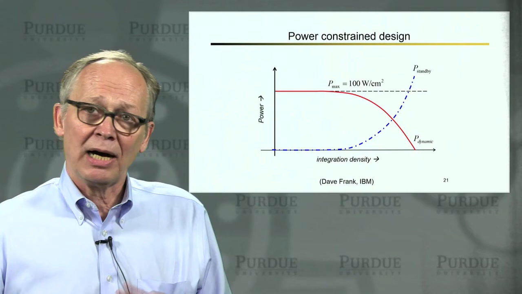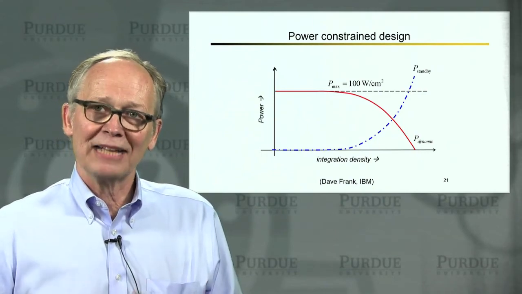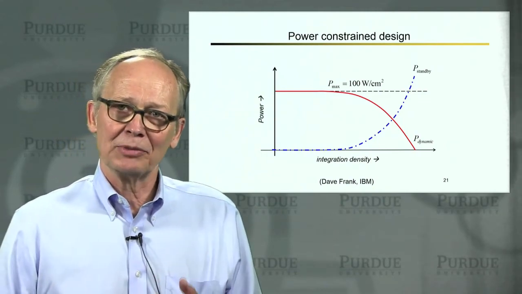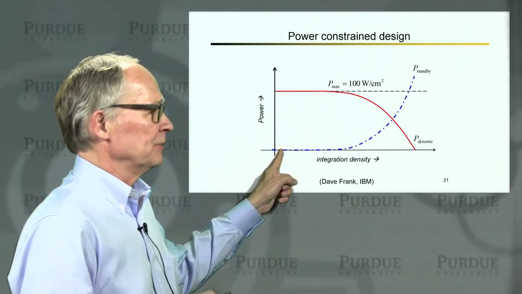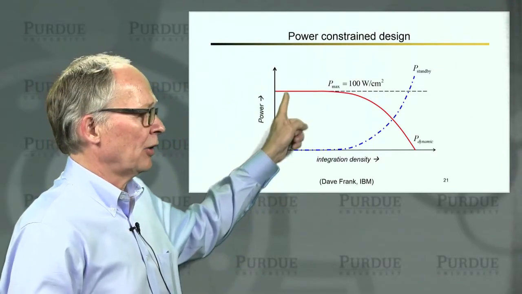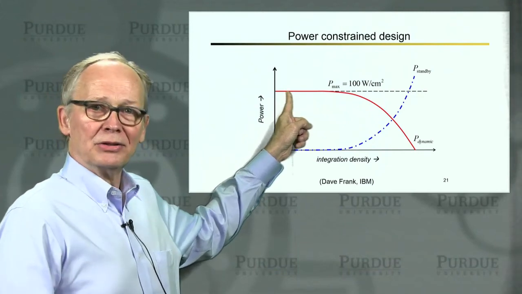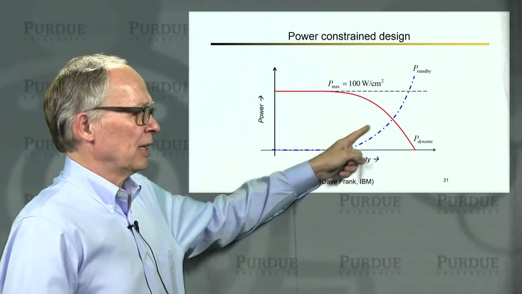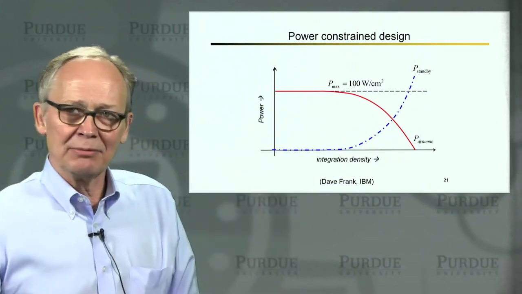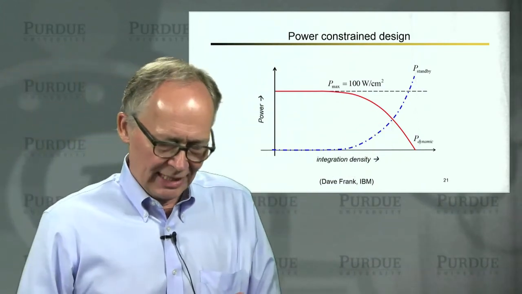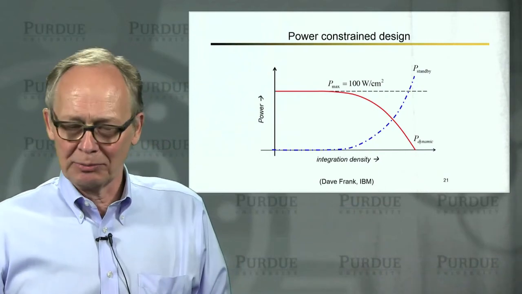Now, the dynamic power is really the useful power. That's the switching power when I'm doing computation or something useful. If I have a low integration density, then there's none of the standby power. All of my power can go into doing something useful. But if I have a high integration density, I have to make sure that my standby power and my dynamic power add up to my power budget.